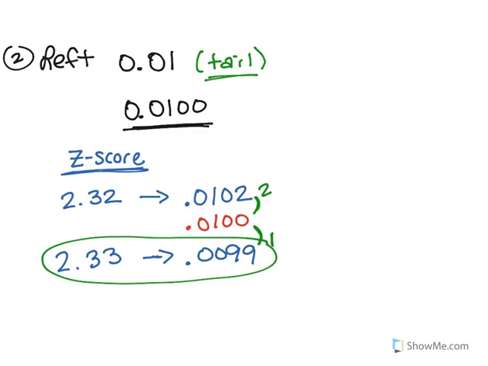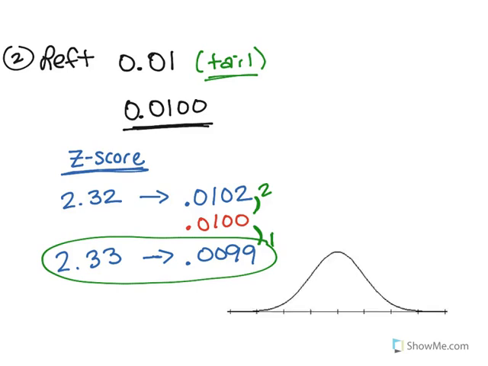So I wrote down where the measurement I'm asking for, 0.0100, would fall if it was listed on this table. It would fall in between 0.0102 and 0.0099. We pick the one closest to 0.0100, which is 0.0099, and that z-score is 2.33.